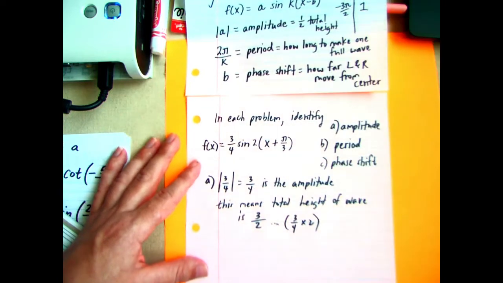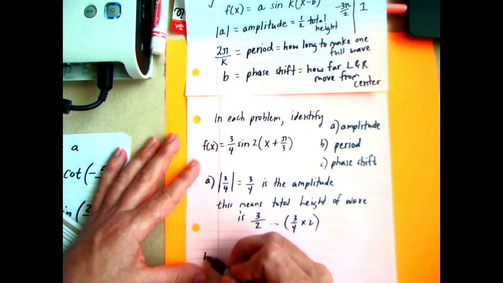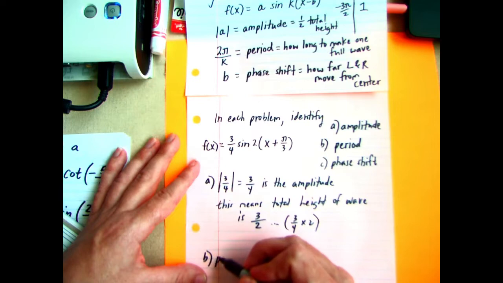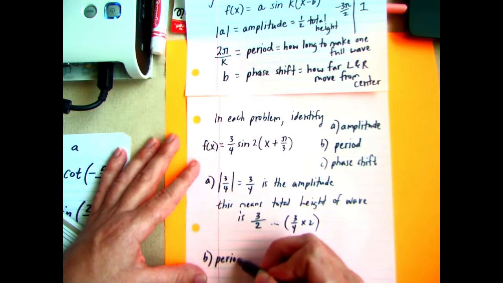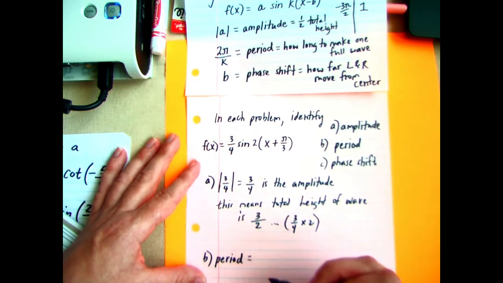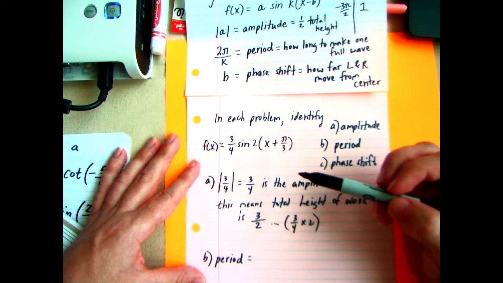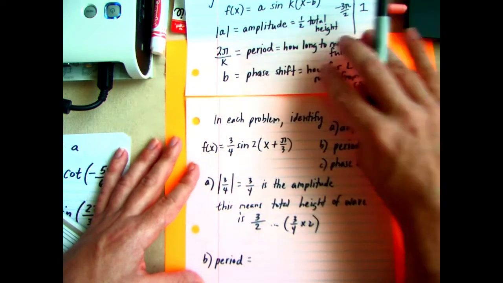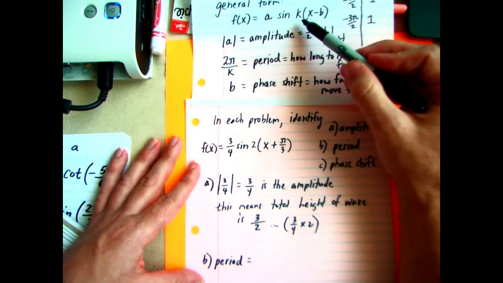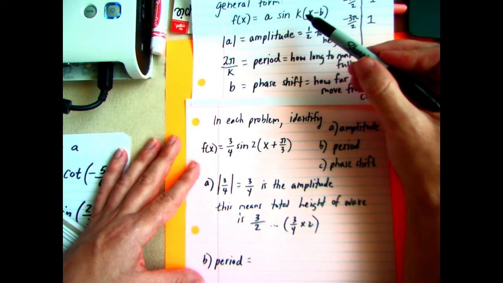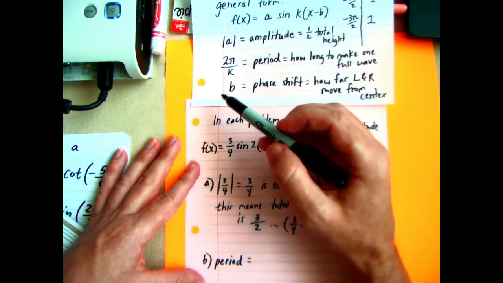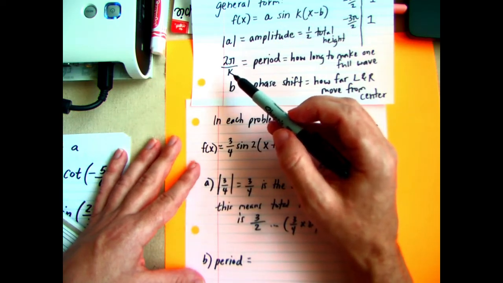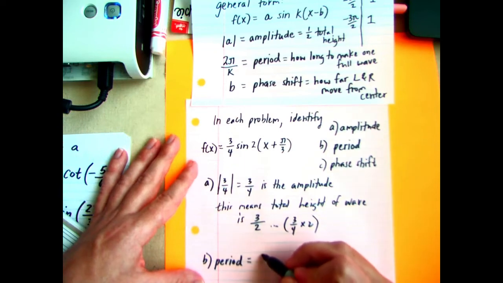Okay, next is the period. To fully understand the period, we look to the value of k. In our current example, k is 2. So to calculate the period, we do 2 pi over k. So 2 pi over 2 reduces to pi.